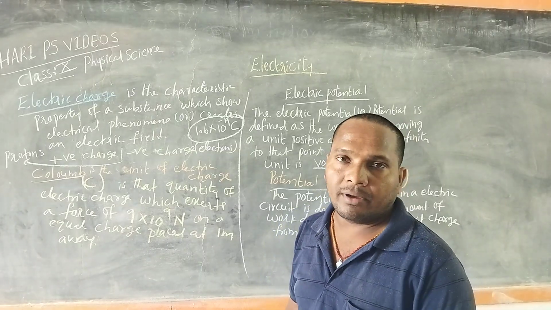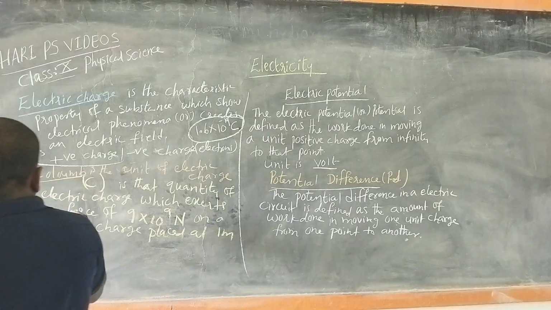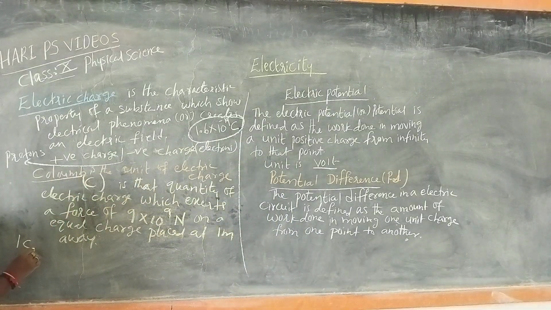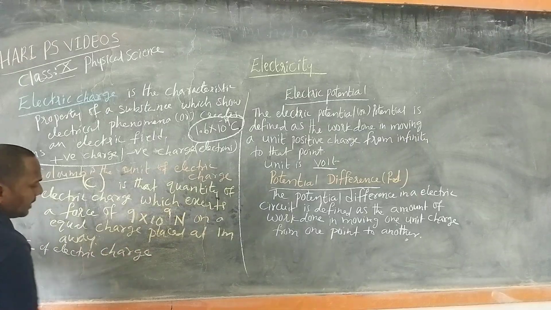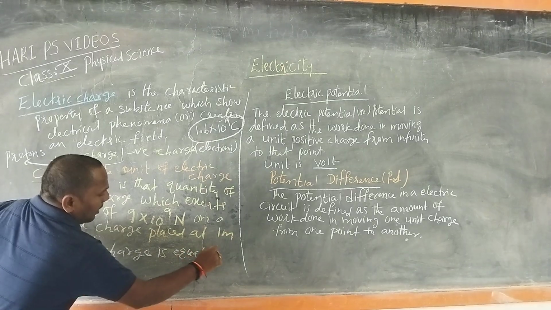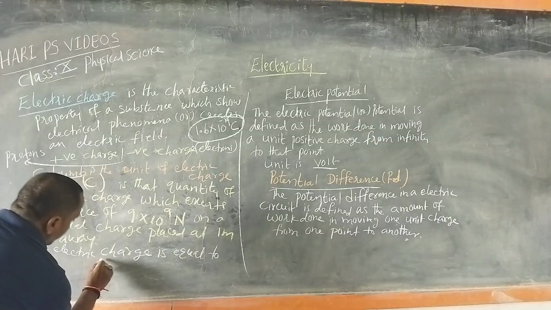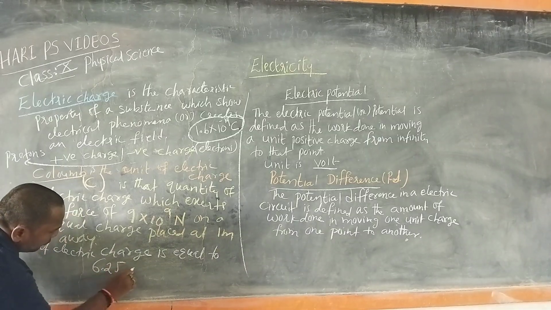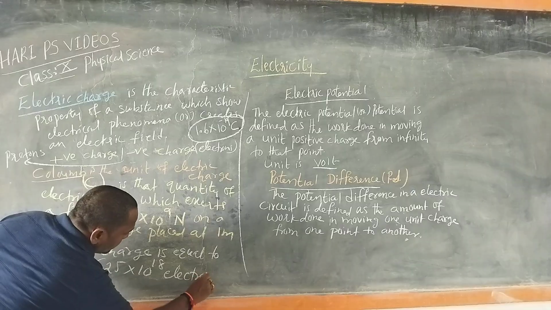So 1 coulomb of electric charge is equal to 6.25 into 10 power 18 electrons.